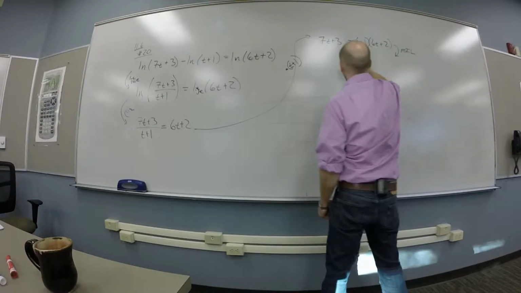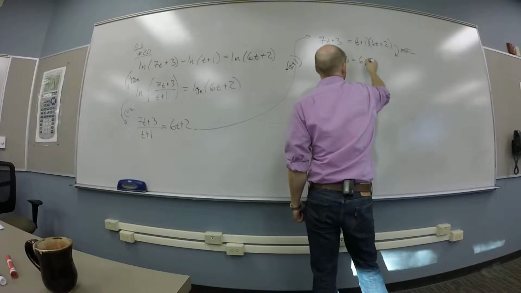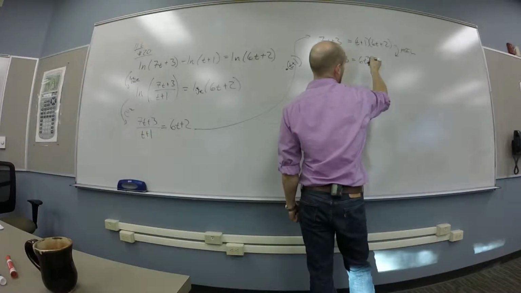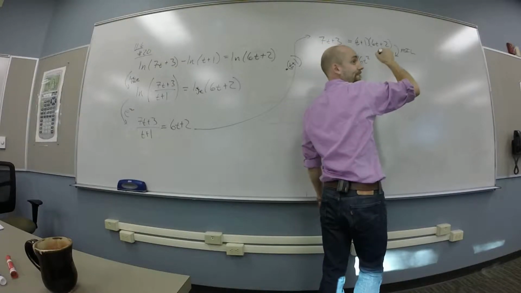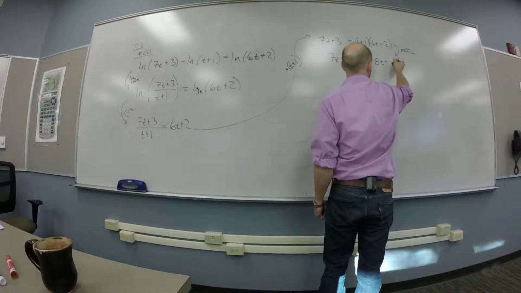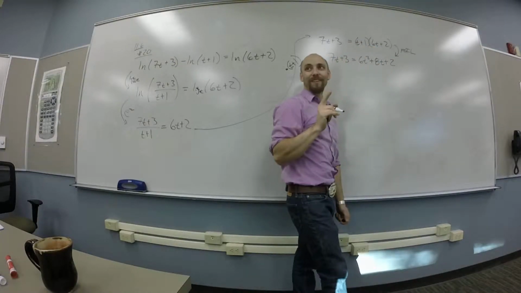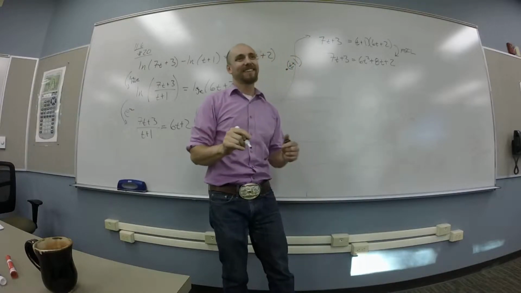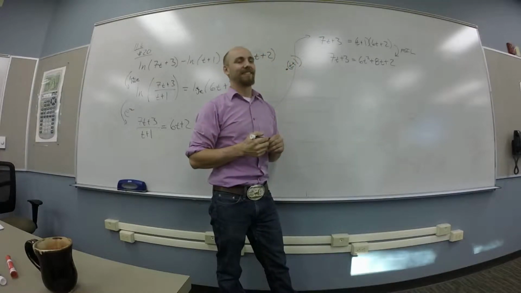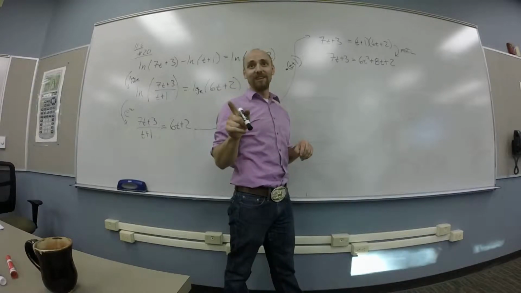Then I FOIL. So I get 7t plus 3 is 6t squared plus 8t plus 2. Careful, write down your FOILs. Do as I say, not as I do.